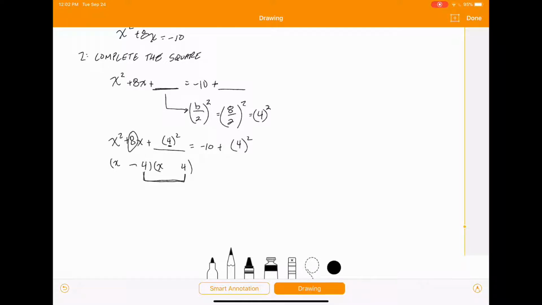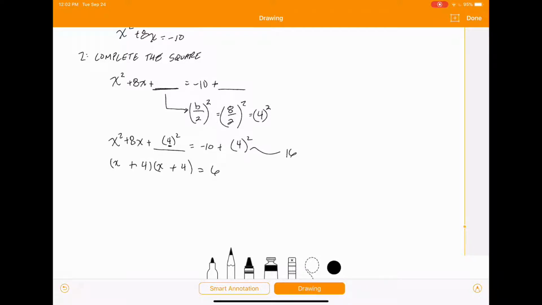In order to do that, both of your 4's need to be positive, because 4 plus 4 equals 8. Then on this side we can just combine terms. Negative 10 plus our 4 squared is going to be 16, so we're going to end up with a positive 6 on that side.